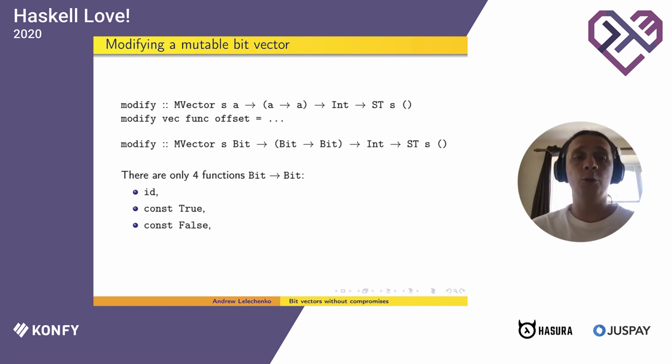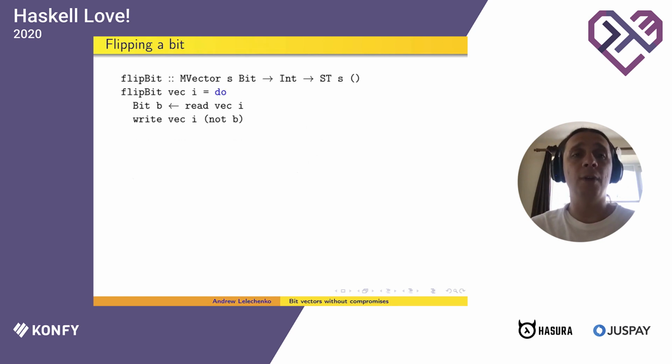There are also const true and const false. But if you want to use const true or const false, then you can probably just immediately write true or false. And the only non-trivial option is inversion, the function not. So we are asking to flip some particular bit in our bit vector.